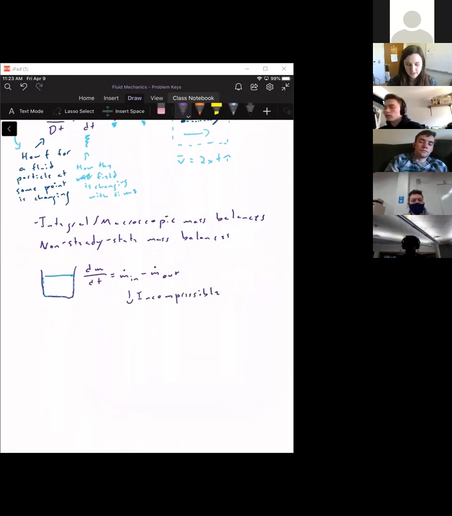Change it to velocities. Volumetric flow rate, sorry. Change it to volumetric flow rates, yes. Because if it's incompressible, the density is always the same. You can just cancel the density out and you would get dV. So V is the volume of the water in this case, this tank we've drawn. In the homework, we did it inside a bowl.